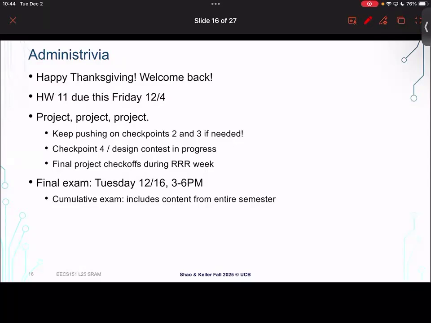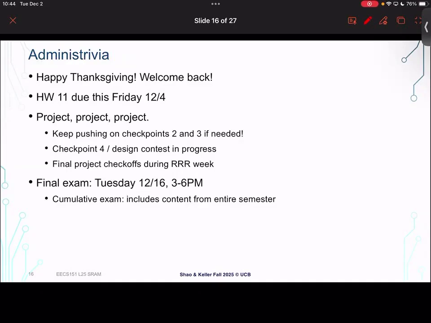We're going to announce soon the logistics for the final project checkoffs, which will take place next week. During RRR week, you and your partner will need to come to the lab, talk about your processor design and how it works, and go over the final materials. We'll put out more details very soon.